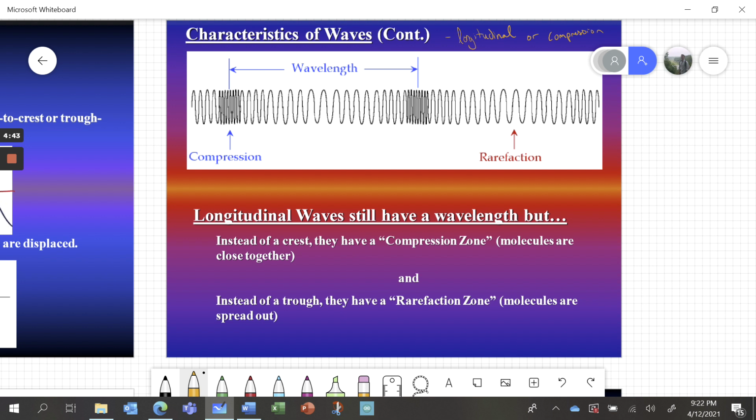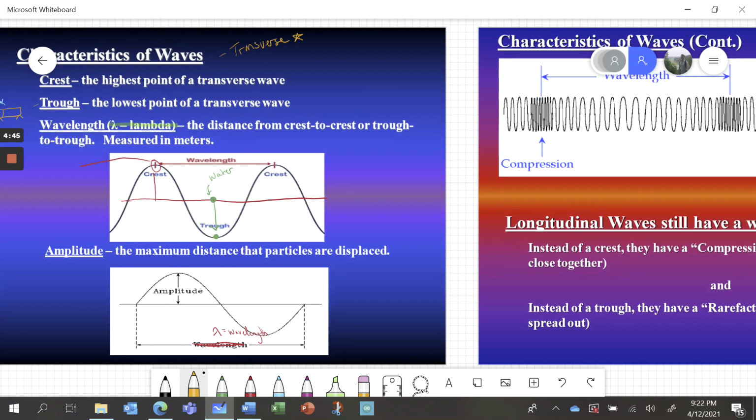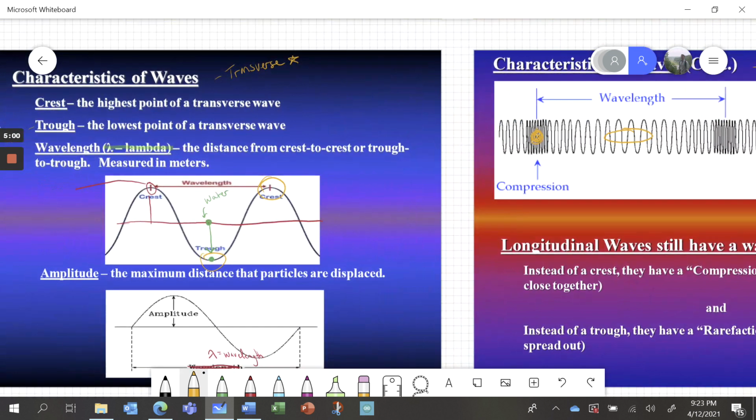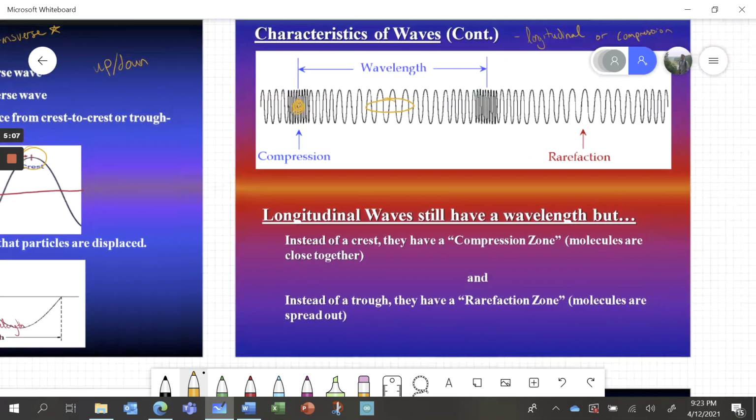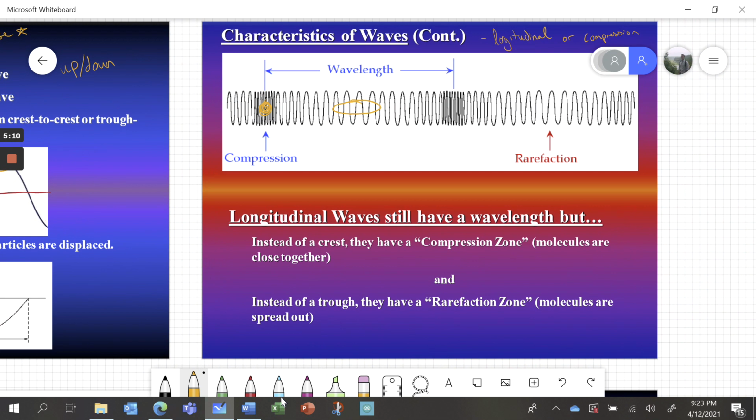Instead of a high point and a low point, we have a squeeze point and a pull point. Okay, so where transverse waves go up and down, longitudinal and compression waves go squish, pull.